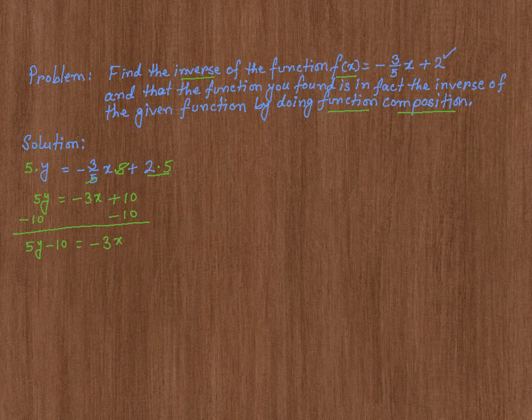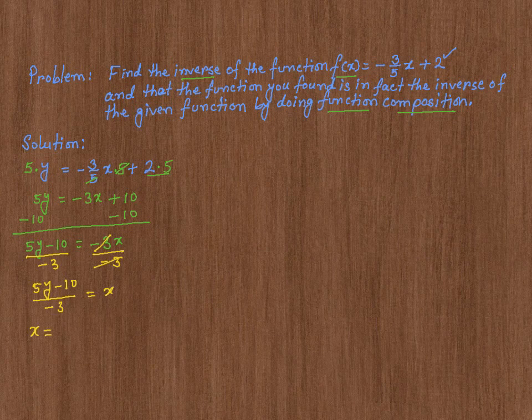Then I can divide both sides by negative 3. That's going to give me 5y minus 10 over negative 3 is equal to x, because negative 3 and negative 3 cancel out here, which by the way is the same as x is equal to.